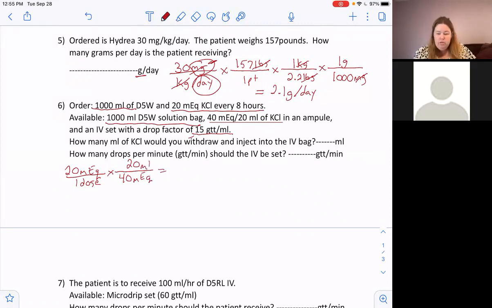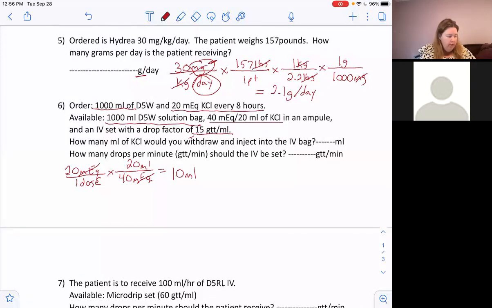So for that, we're going to do 20 times 20 divided by 40. I think it's that. 20 times 20 divided by 40 is 10 milliliters, because our milliequivalents cancel out. And then the second part is, how many drops per minute should the IV be set?